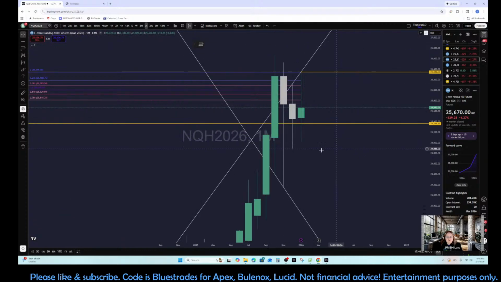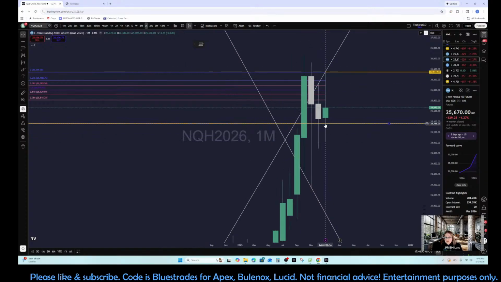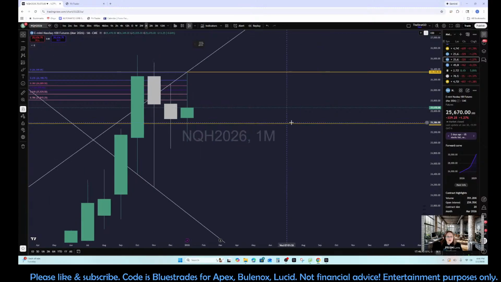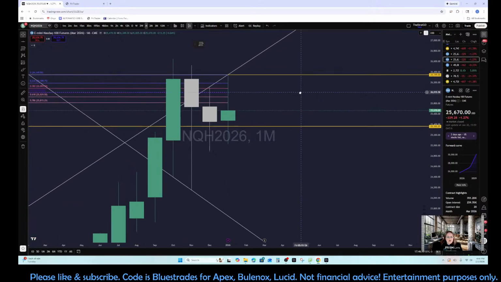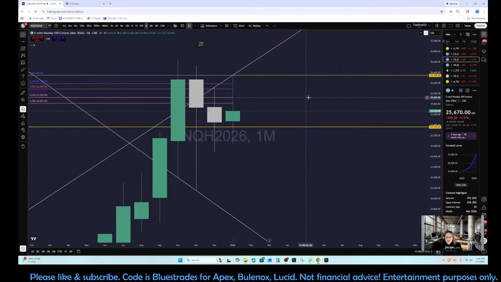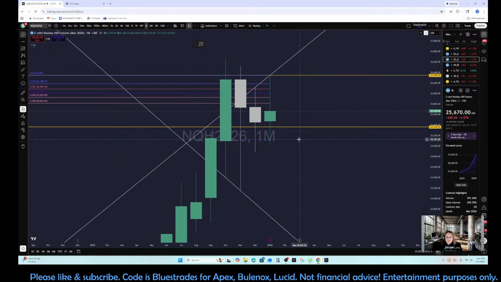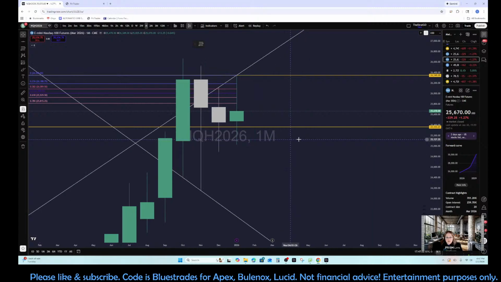Yeah, let's go over the monthly. The monthly, we did have a higher. Would that be considered a higher low? No. We had a 2 up. Sorry, so we had a 2 up green there for NQ for last month. So we are starting a new month, new week tonight when we open, and it'll be interesting to see how it all plays out.